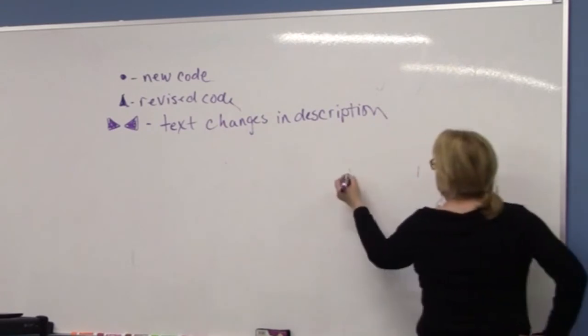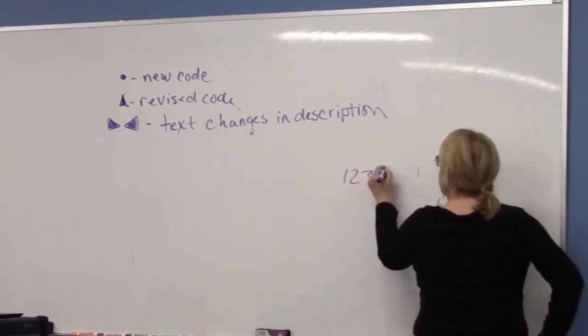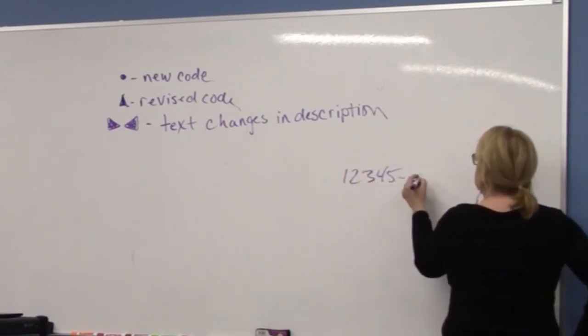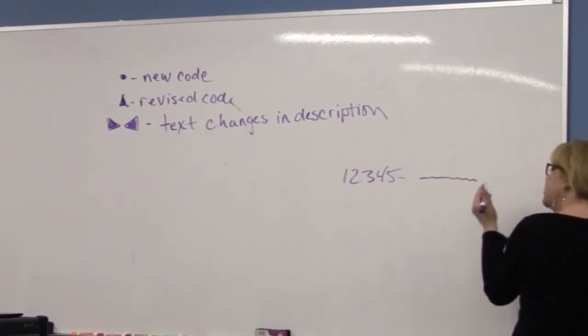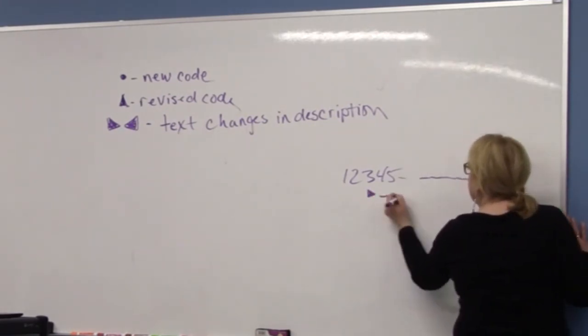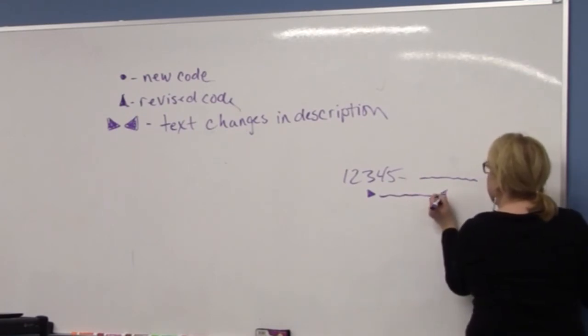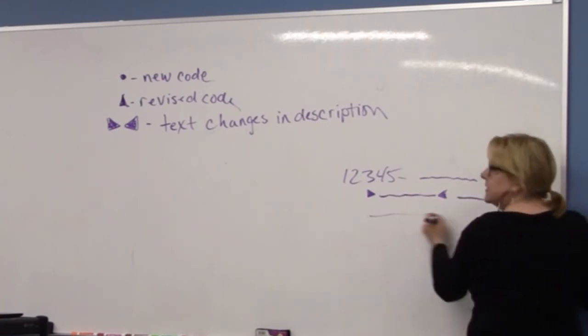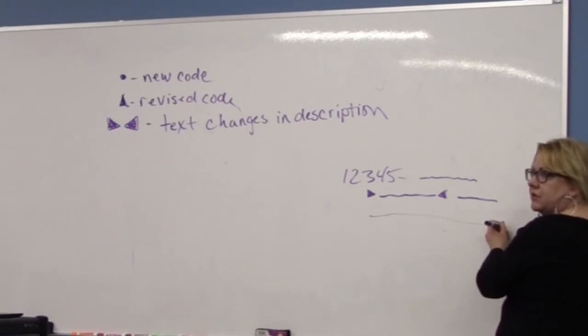So say there's code 1, 2, 3, 4, 5, right? And then here's the description, and they change something in that description. They're going to put those little triangles around what's changed in that text, so you know it's different from last year.